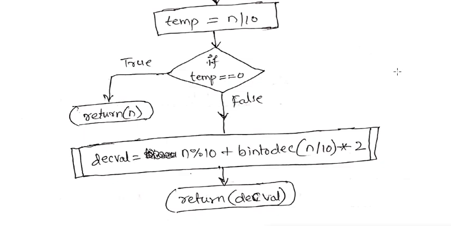At the end we will hit a criterion where temp will become 0, then the last call will return the value to the second last call, and so on. They will keep on returning values, and at the end the first function, where it made a recursive call, will get the return value, and this return value is given to the main program, and the main program will get a value and display it.